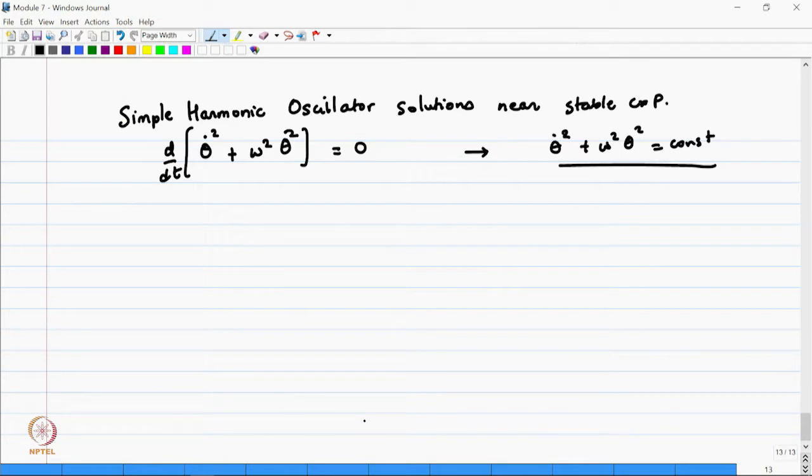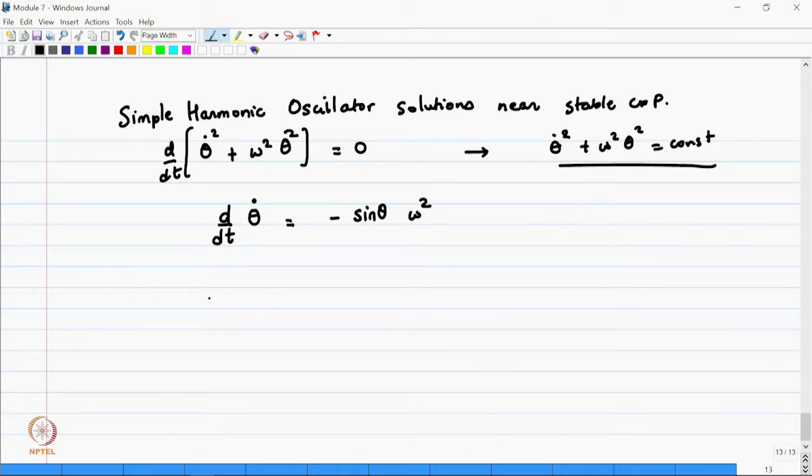Now, in this case you will get a slightly different equation. Let us get back to our equation. We have d by dt of theta dot is equal to minus sin theta into omega square.